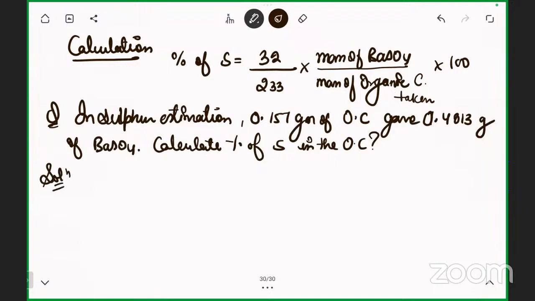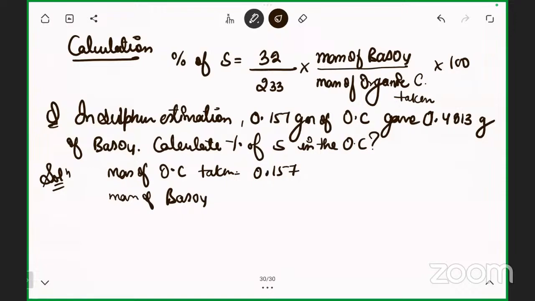First, you write whatever values are given in the question. 0.157 gram of organic compound is taken, so the mass of organic compound taken is 0.157. And the mass of BaSO4 is 0.4813. Now just put it in the formula.